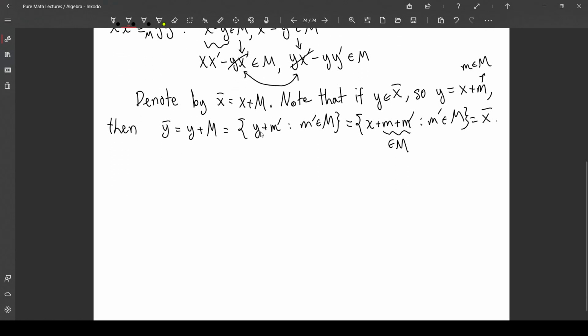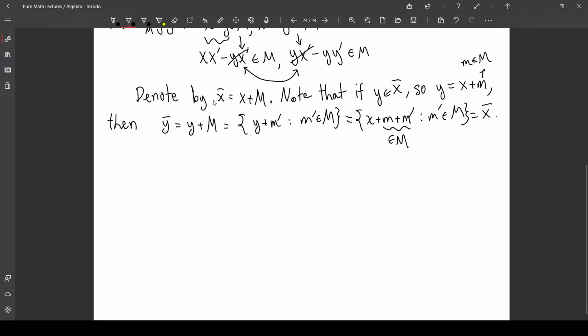Okay. So essentially cosets we can denote by a single variable, so x or y are representatives for the coset.